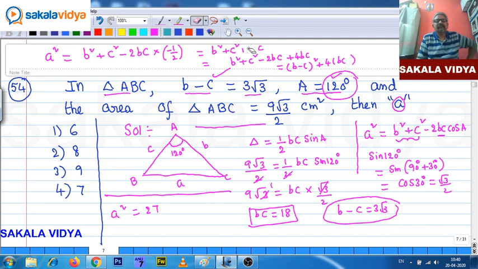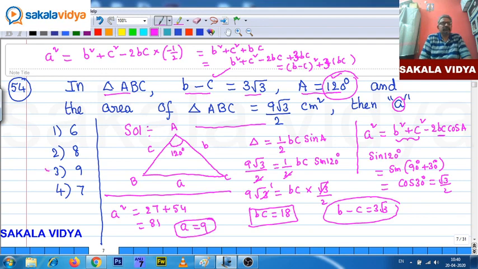It is 3bc. Here 3bc, okay. 27 plus 3 into bc, which is 54. This will be 81. Am I correct now? So a is equal to 9. That is the answer, third option.